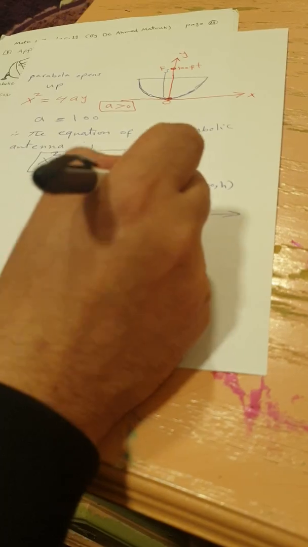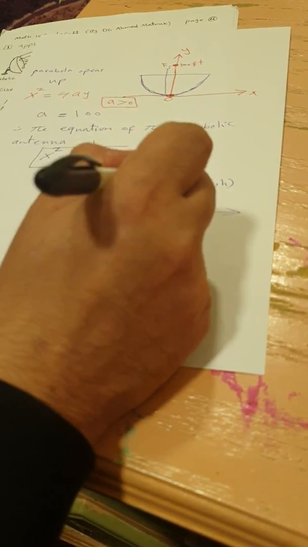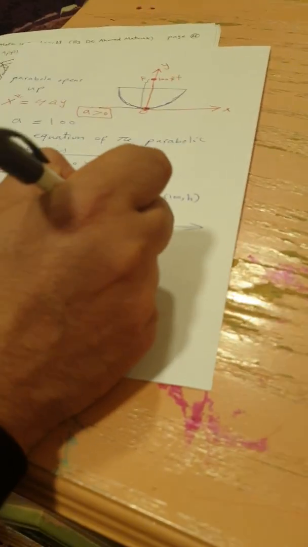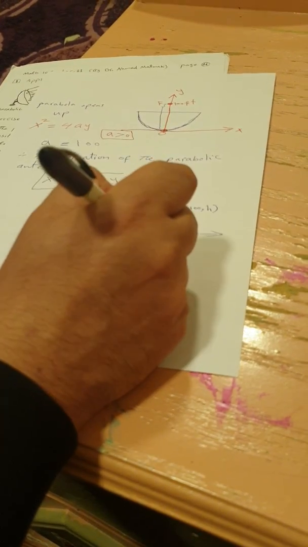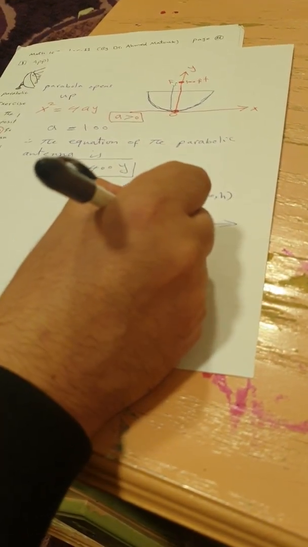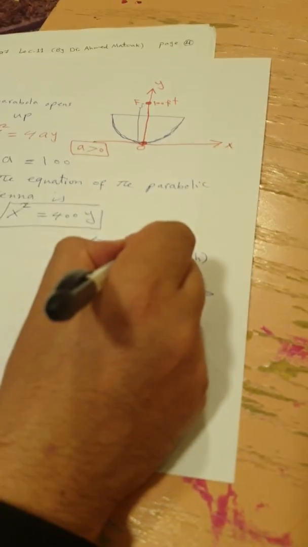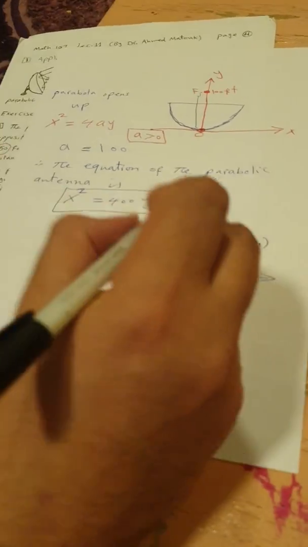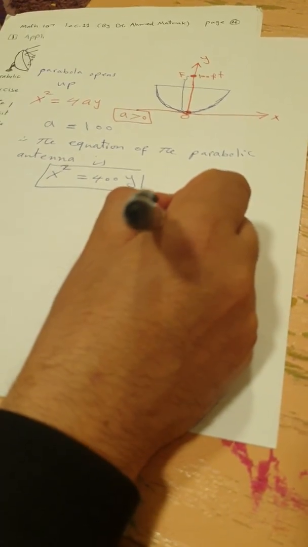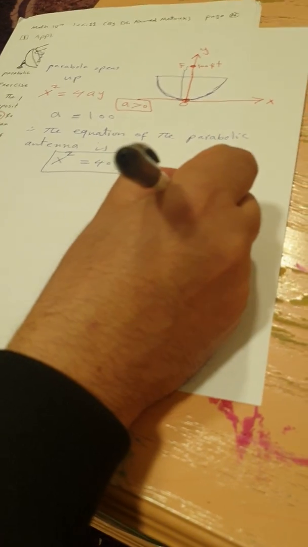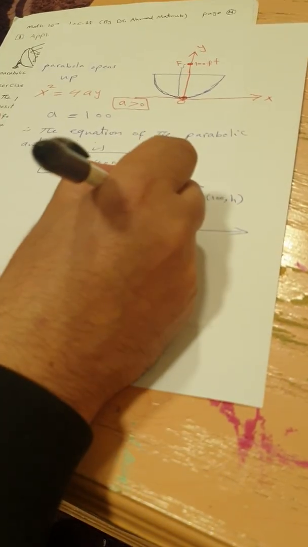Since the parabola is symmetric with respect to the vertical axis that passes through the vertex, which is the y-axis, this space is 100 feet and this space is also 100 feet.